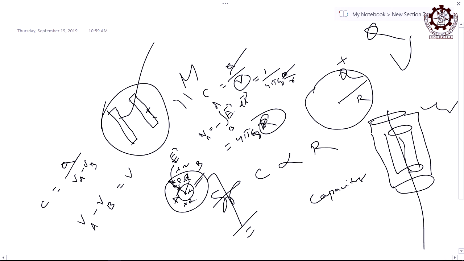You understand now what to do, because your purpose is to get the potential difference between B and A, because that is the potential created by this arrangement due to the charge Q. So, the capacity of this arrangement, the spherical capacitor C, is nothing but Q by V A minus V B. First find V A minus V B, then use the formula C equals Q by V A minus V B, and that will give you the capacity of the spherical capacitor.